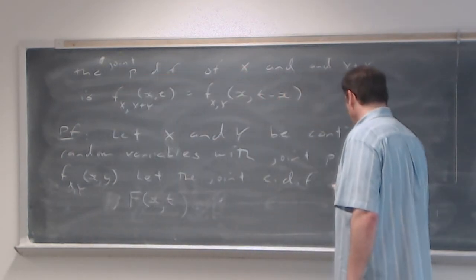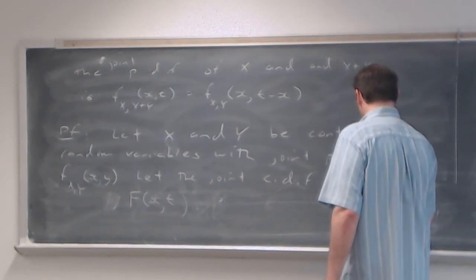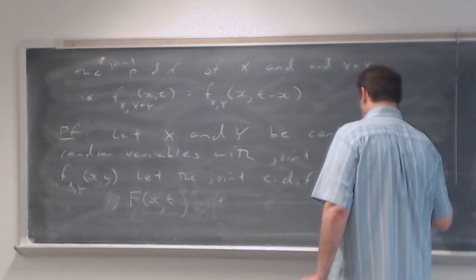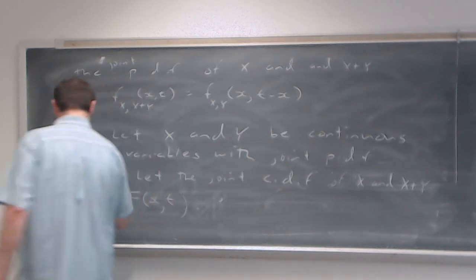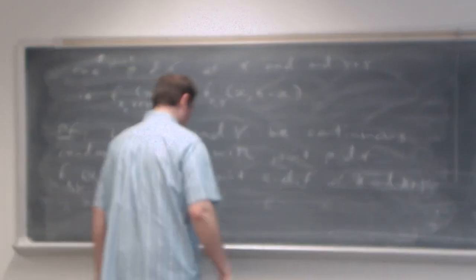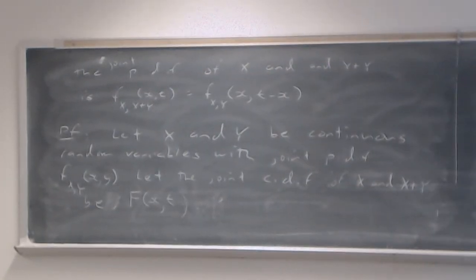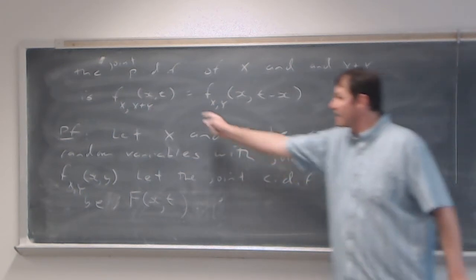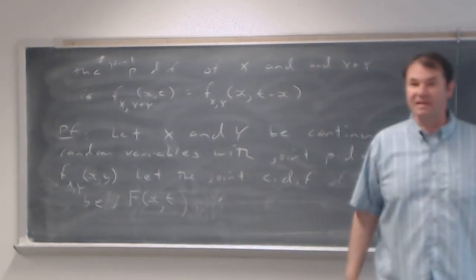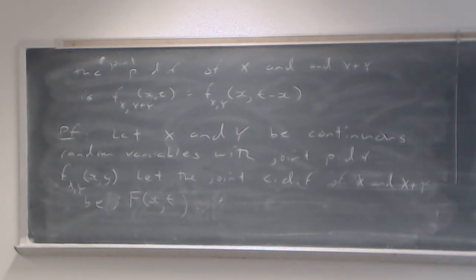Let the joint CDF of x and x plus y be denoted by f of x comma t. So that is the joint CDF of x and x plus y. And so we can relate that to the joint PDF in just a second through differentiation.